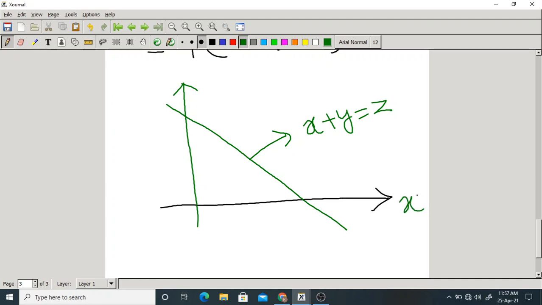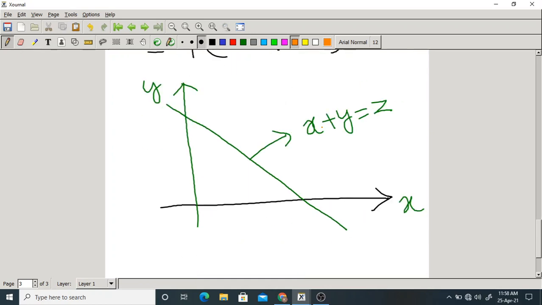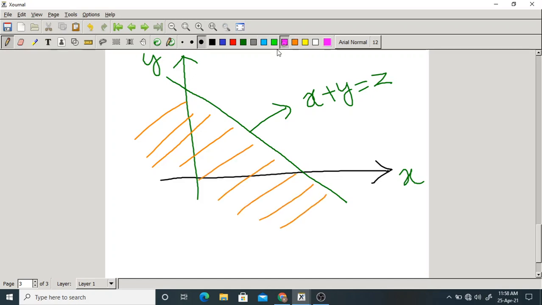This is x, this is y. Now we want to find the probability that x plus y is less than or equal to z. What is that region? This line is x plus y equal to z, and this is the region. This region indicates x plus y is less than or equal to z.